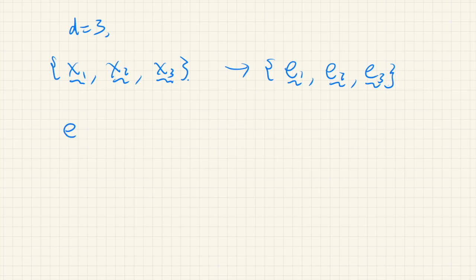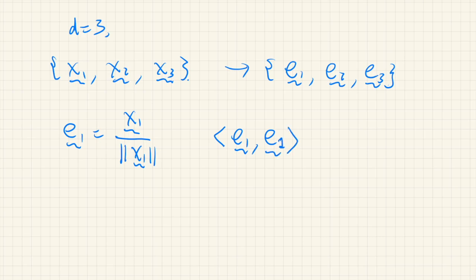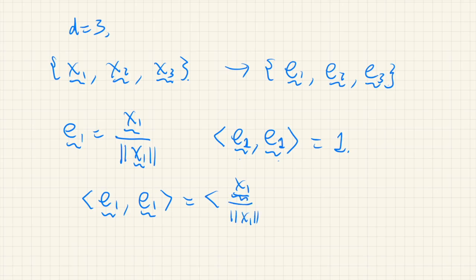First, let's define e1 by normalizing x1, so x1 divided by the norm of x1. Then we can see that e1's norm, that is the inner product of e1 with itself, is norm squared. So this is equal to 1, right? Let's check it. e1 is by definition x1 divided by the norm of x1, and x1 divided by the norm of x1.